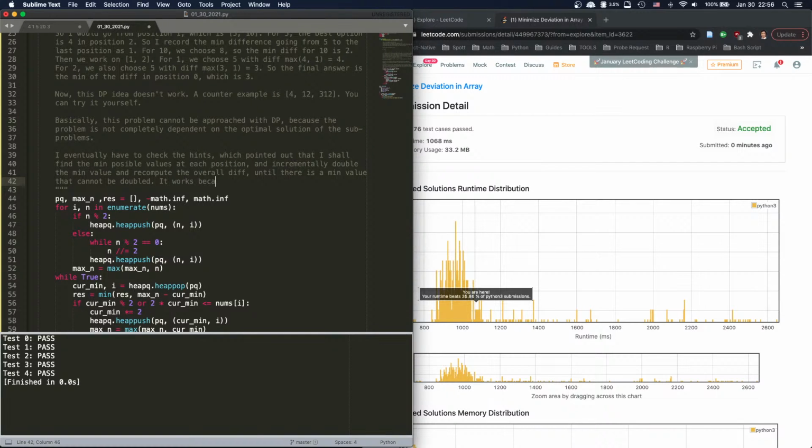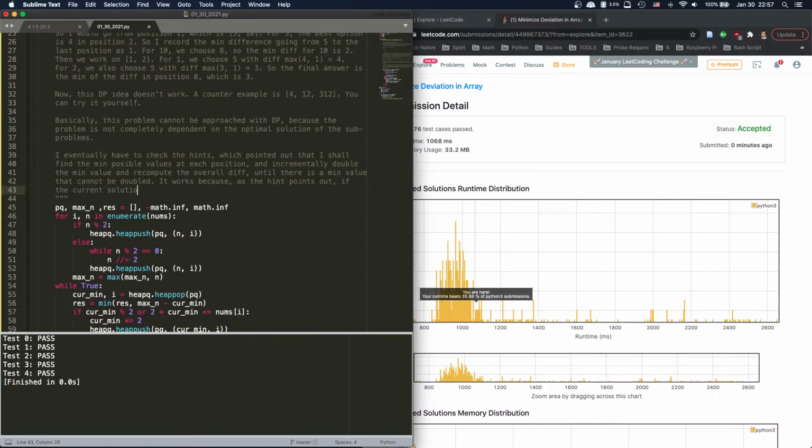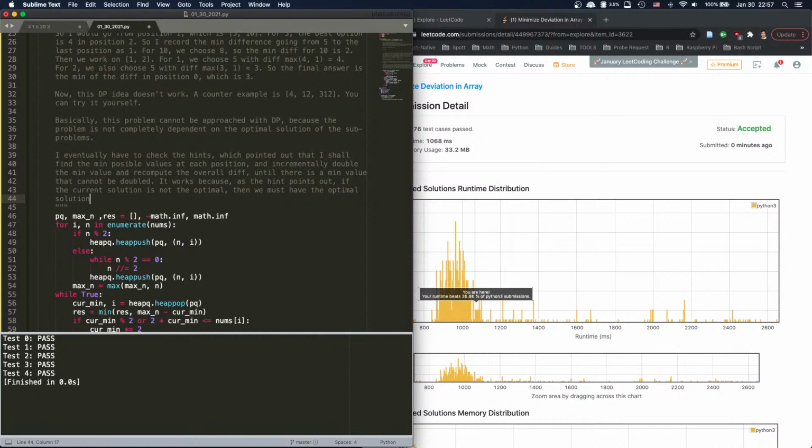It works because, as the hint points out, if the current solution is not the optimal, then we must have the optimal solution with its min value larger than our current min value.